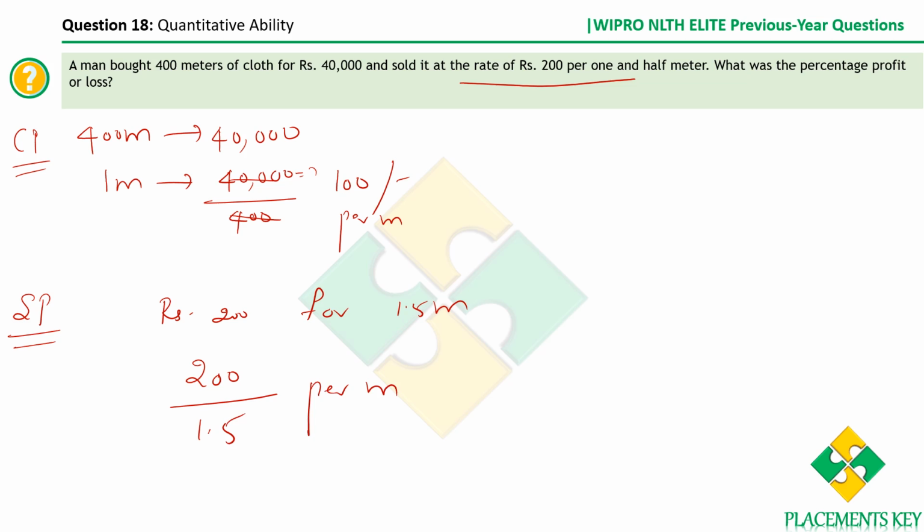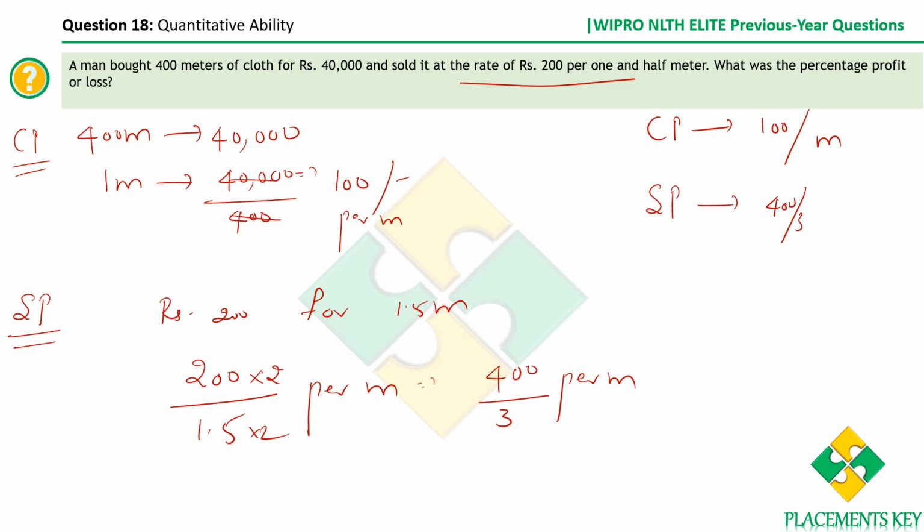Let's multiply and divide by 2. So how much is it? It is 400 by 3 per meter. It has cost him 100 rupees per meter. Now he has sold it for rupees 400 by 3 per meter.